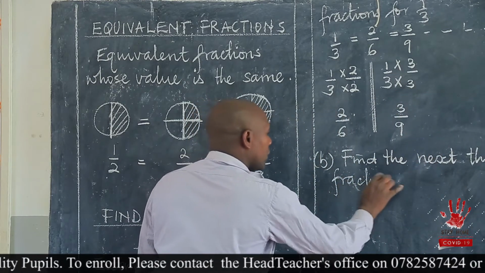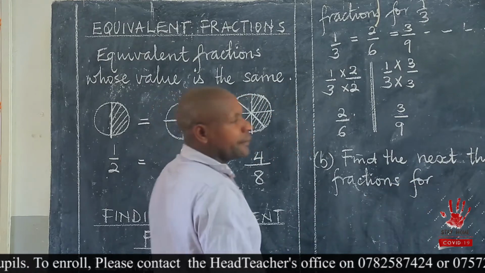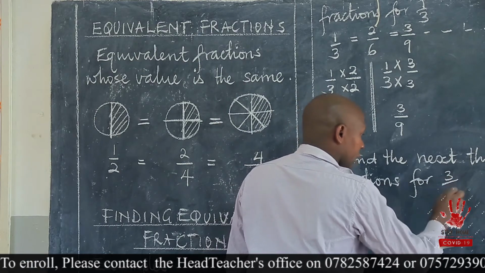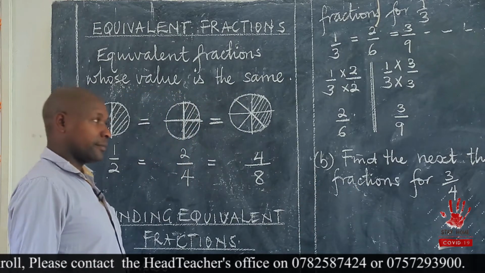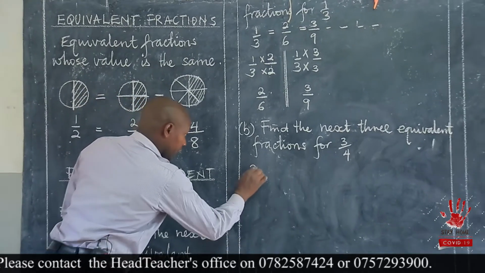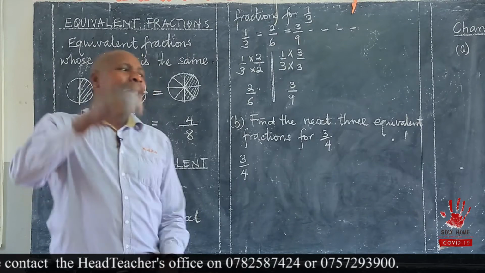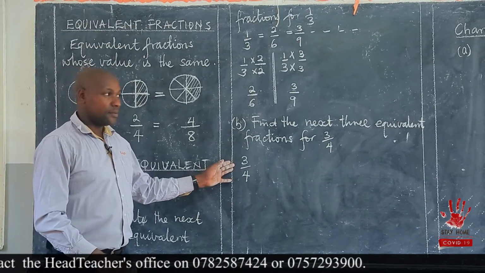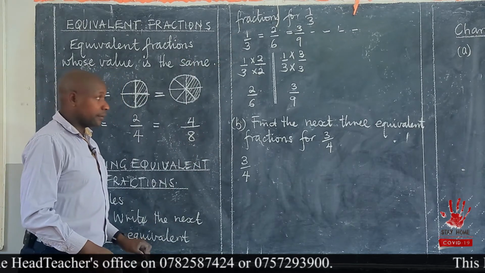Let's change and have 3/4. How can that one be done? We shall take the same method. We are looking for other fractions that are equal in value to 3/4. Please watch and follow the examples properly.